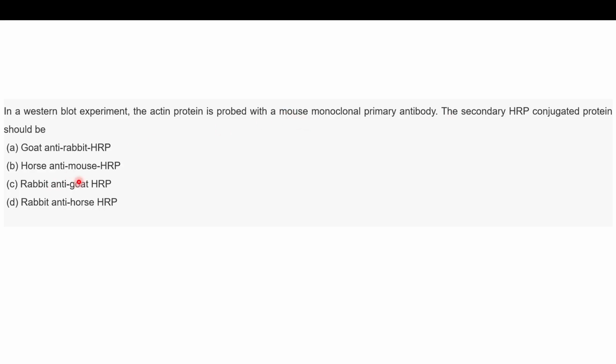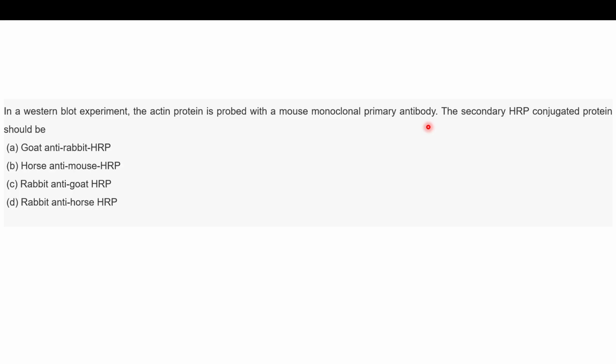So it should be anti-mouse, because otherwise, if you try to generate the secondary antibody inside the mouse only, then the primary antibody is compatible with the mouse system only, right? It is helping the mouse in surviving, kind of. So the secondary antibody won't be able to recognize the primary antibody, because the primary antibody is being used by the mouse.